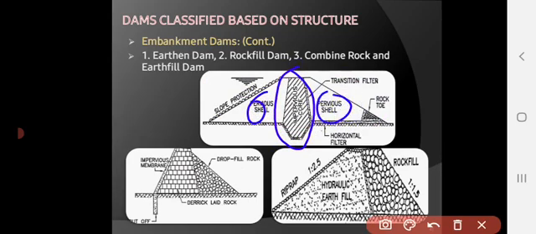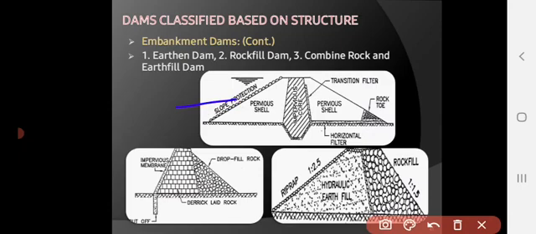For stability of this slope and the material, slope protection work is provided on its upstream, and at the downstream, for protection of the dam body, a rock toe is provided. Horizontal filters are provided to filter out the seepage water. Right? So this is the typical cross section or construction of an earthen dam.